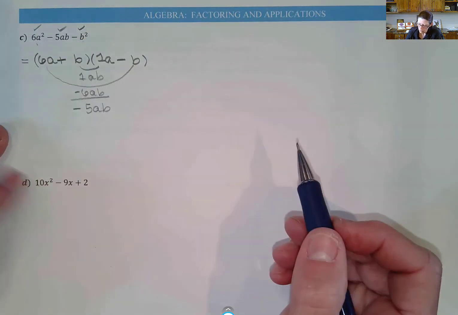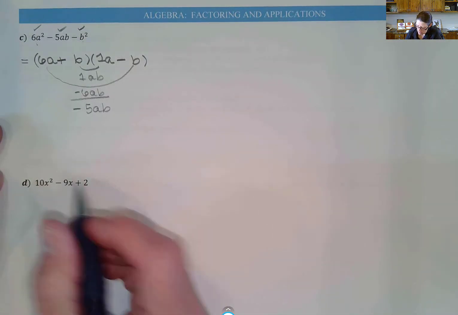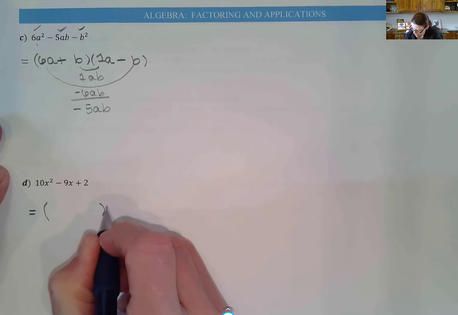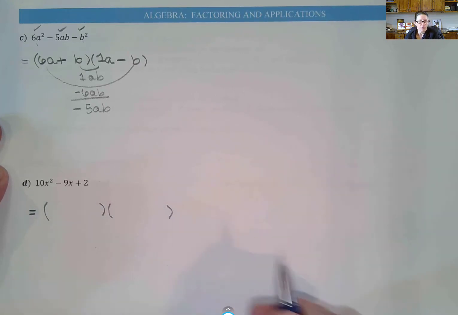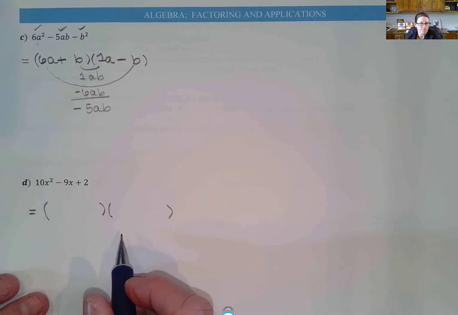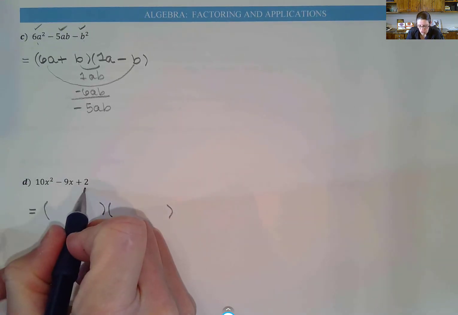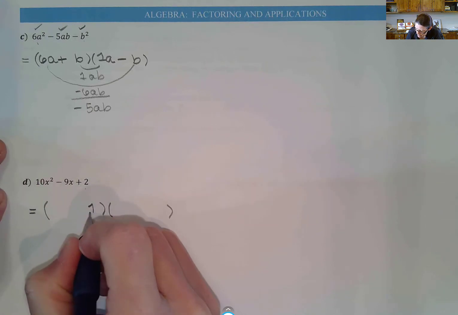In part D, a trinomial, if it factors, is going to factor as the product of 2 binomials. And let's look at this and see if there's anything that we can determine right off the bat. Well, our last term is 2. 2 is prime. Its only factors are 1 times itself.